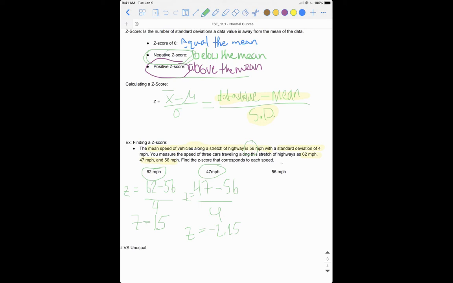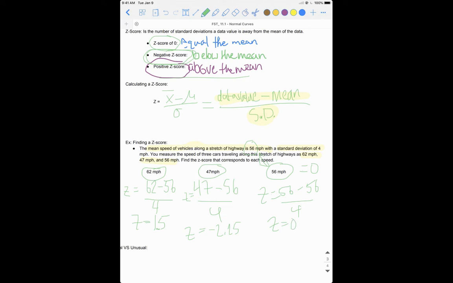Lastly, we got 56. We are the exact same as our mean, 56. So if you recall up here, you should get a z-score of 0. Let's just check it though. z equals 56 minus 56 over 4, which does in fact come out to 0 since it is our mean.